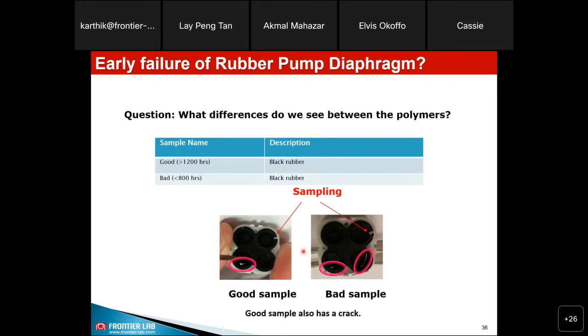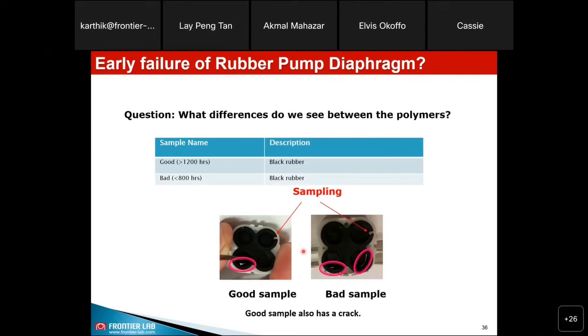The standard product should give more than 1200 hours of performance, whereas one particular batch has deteriorated to less than 800 hours. That means this product has some quality issue. So we wanted to see what the differences are between this good and bad batch.